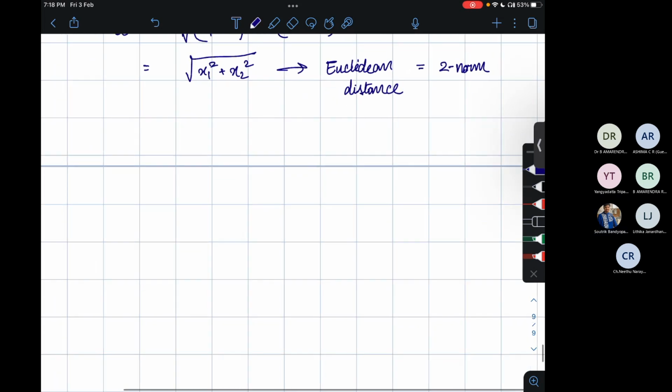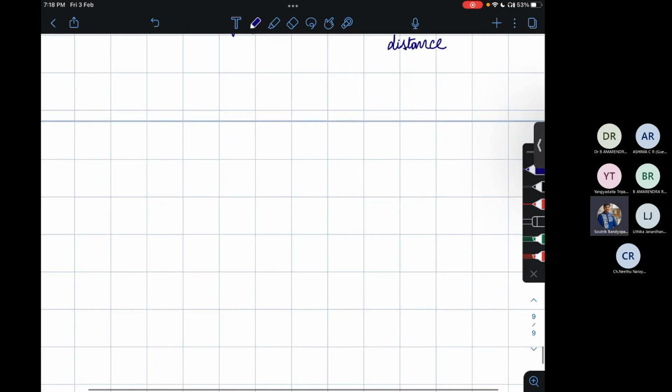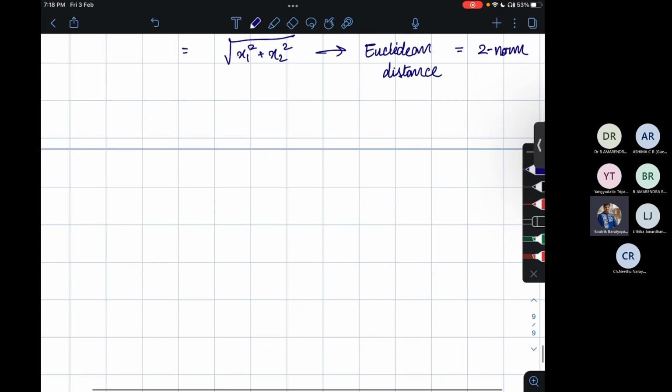Now there is one more concept, in general the P norm.